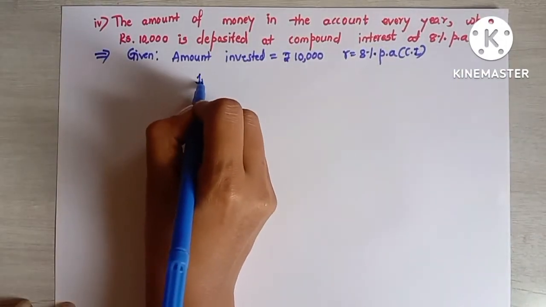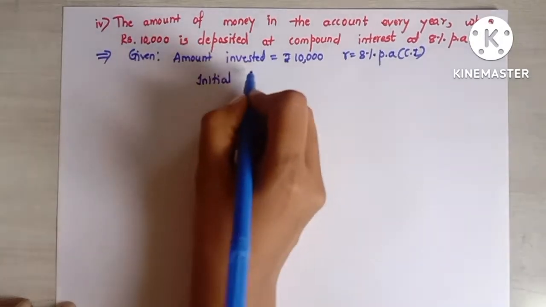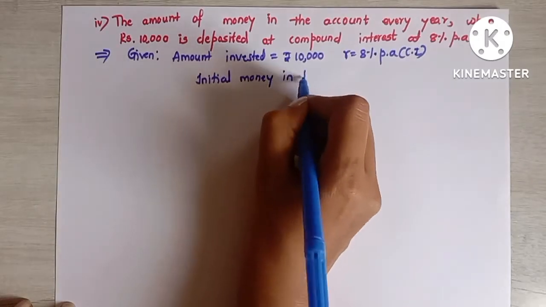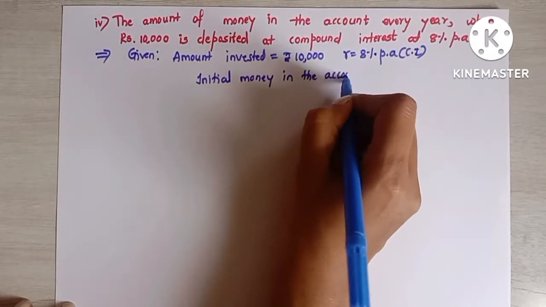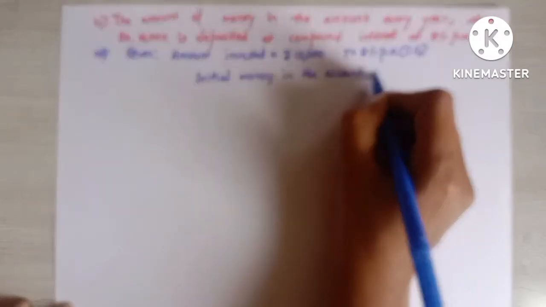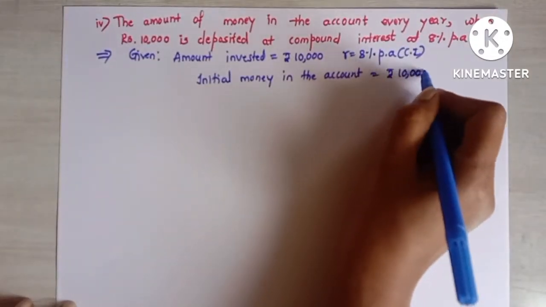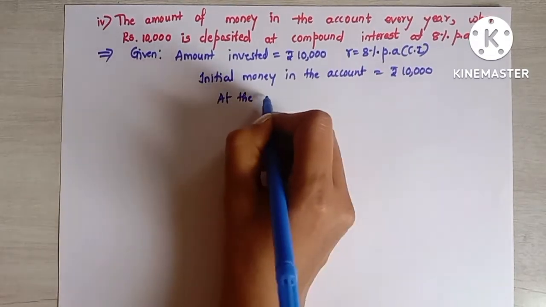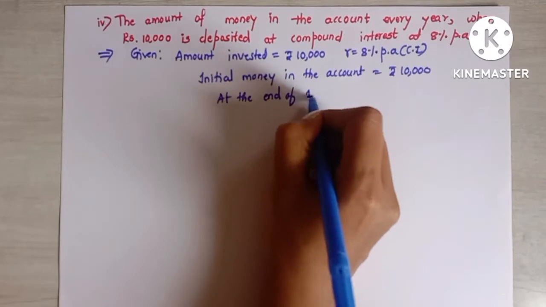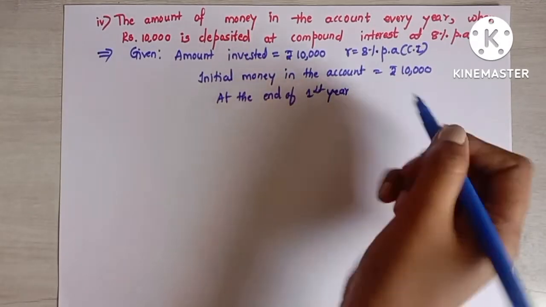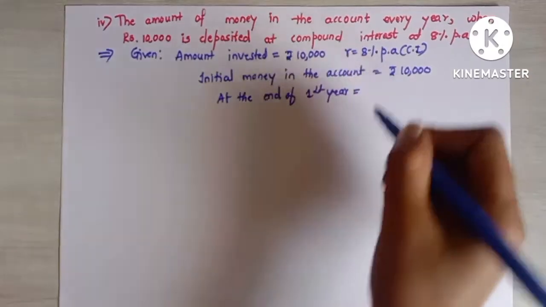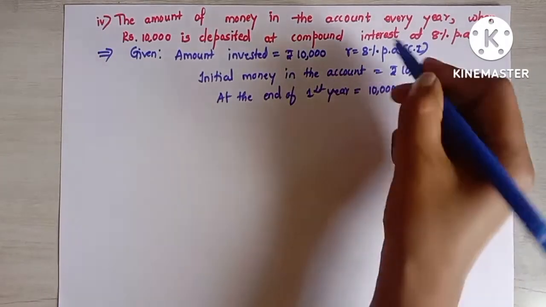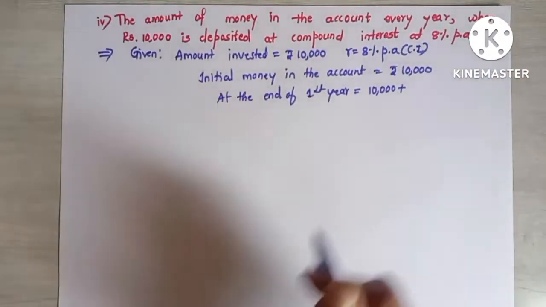So the initial money in the account is rupees 10,000. At the end of the first year, the amount of money in the account will be this amount plus this rate of interest on this, that is compound interest.